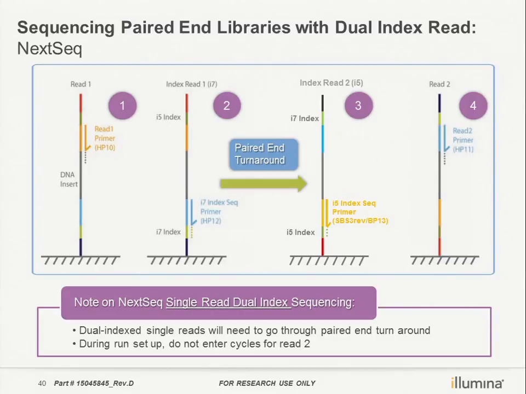It will have different reads that go through the whole process, depending on your library design. The kits will already include all the reagents necessary for dual index paired-end sequencing.